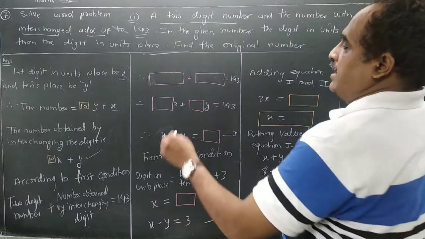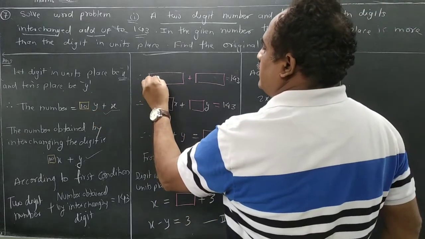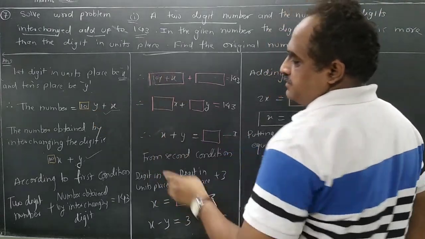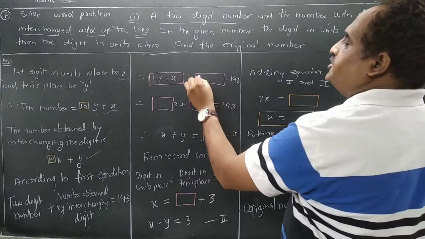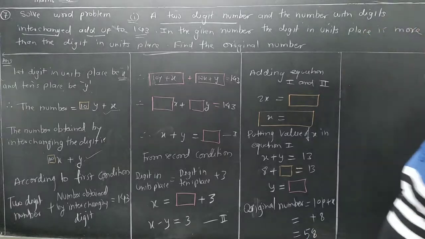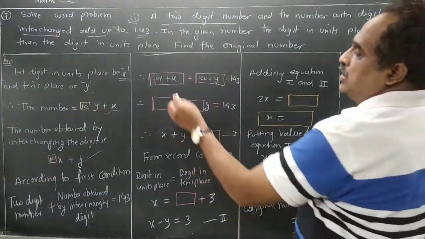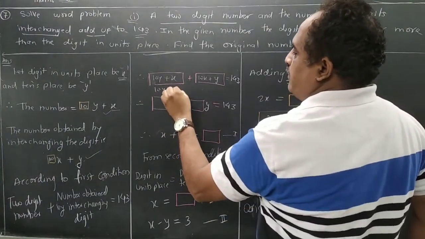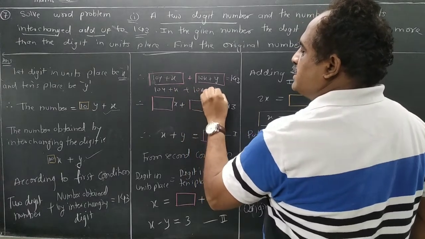So the first number is 10y plus x, and the number obtained by interchanging digits is 10x plus y, and the sum is equal to 143. So this becomes 10y plus x plus 10x plus y.